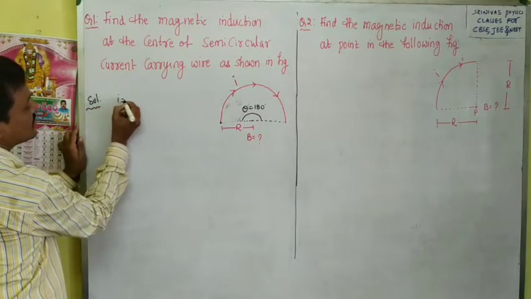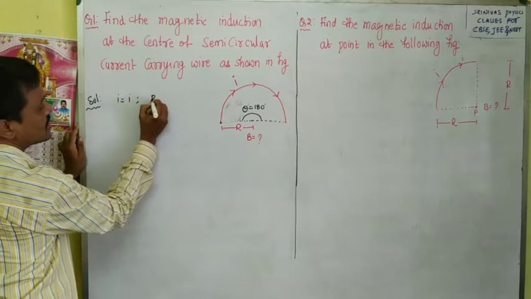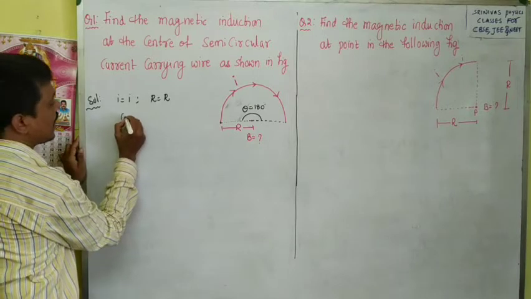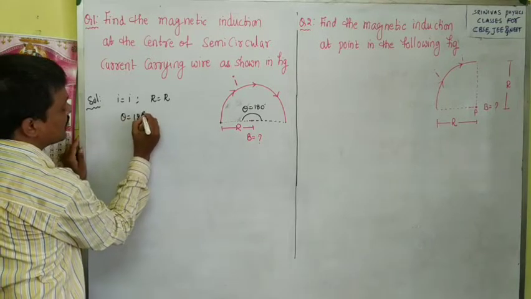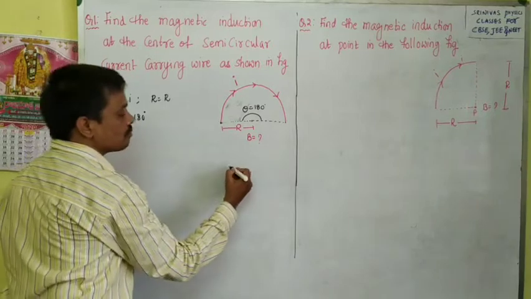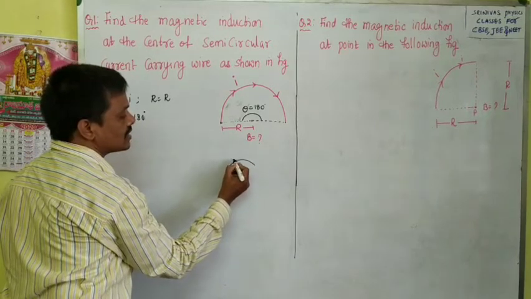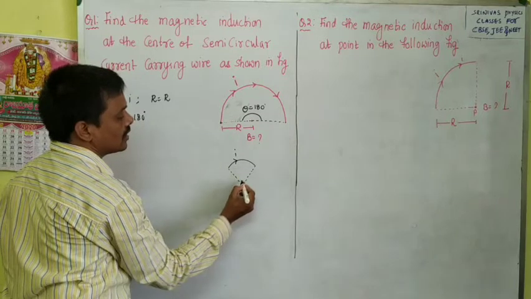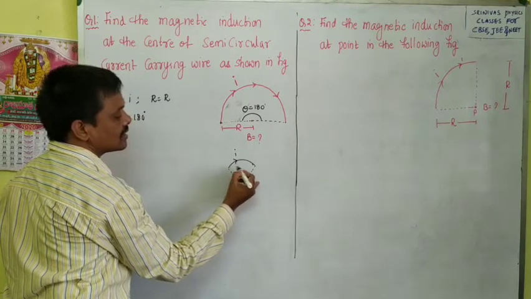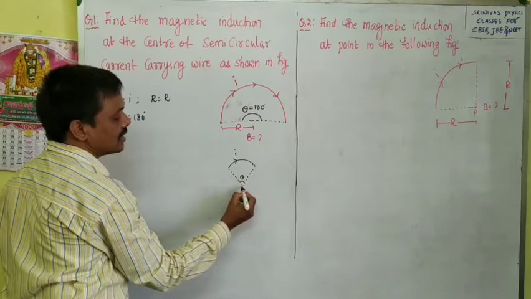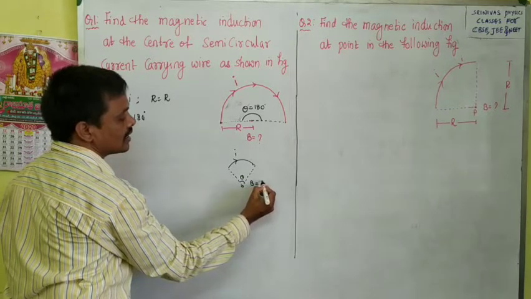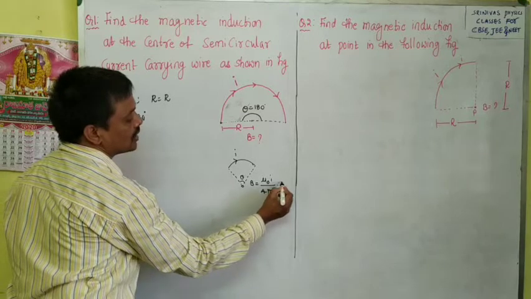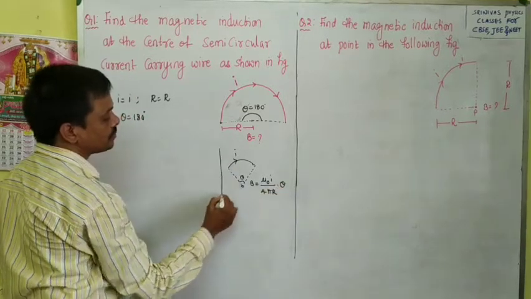The current is I, the radius is capital R. In our problem, if a current carrying wire is there and both ends are joined with the center, it is an arc that makes some angle theta at the center. Then the B formula at the center is mu naught I by 4 pi R into theta. This is the formula, already we know, right?